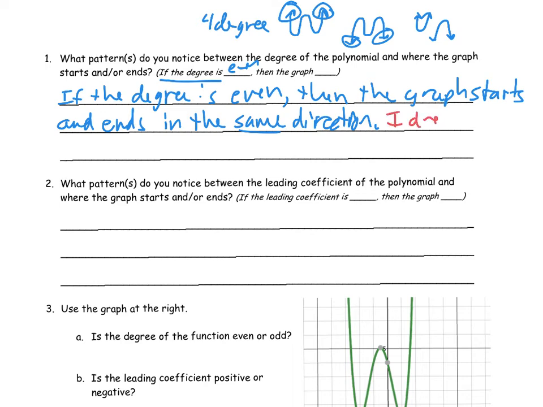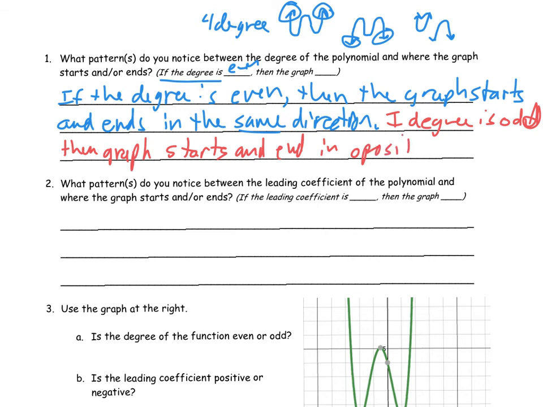If degree is odd, then graph starts and ends in opposite directions.